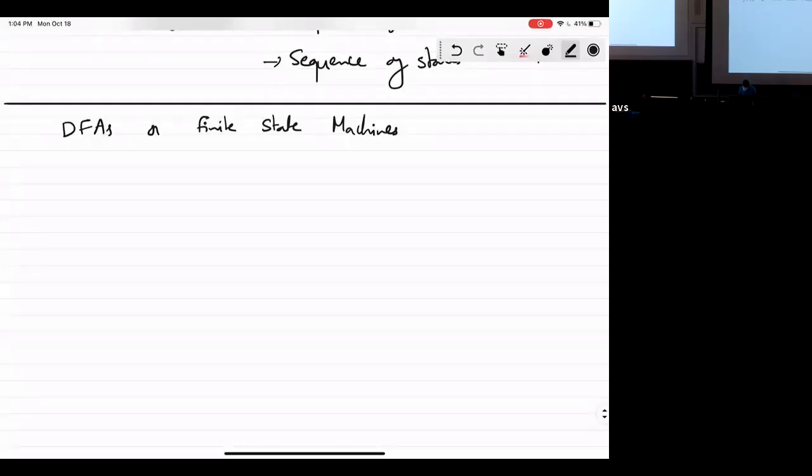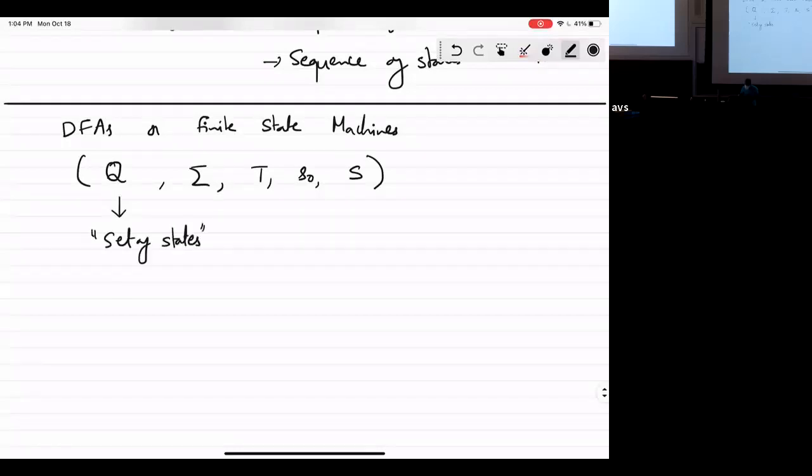Often, DFAs are described as follows. We had only 2 things going into the DFA: the transition table and the set of accepting states. But sometimes you will see it described as a 5-tuple of things. Q is meant to be this set of states. Technically, it can be any finite set.